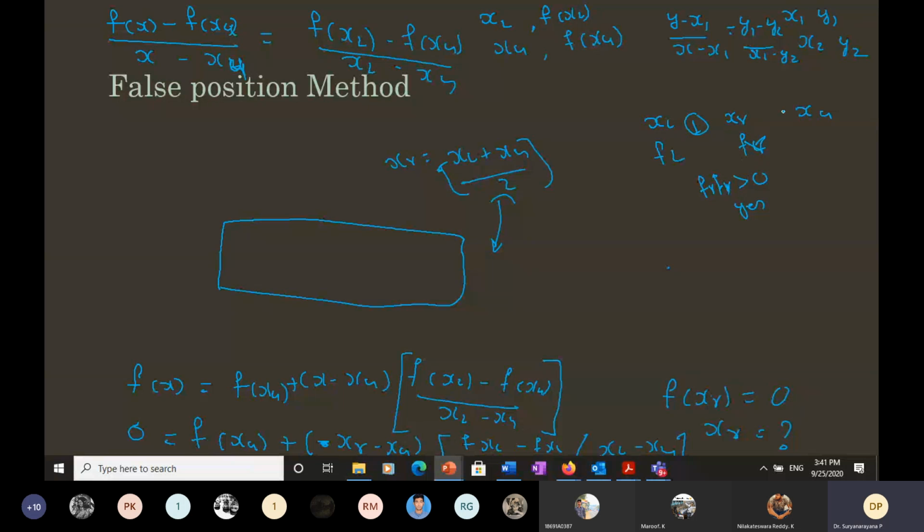In that case, this is the bracket, first half and second half, let's say. If this is true, which half has the root? If the expression FL times FR is greater than 0, which half has the root? Anyone?